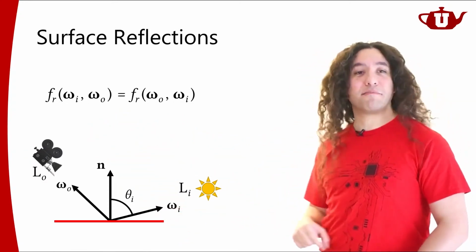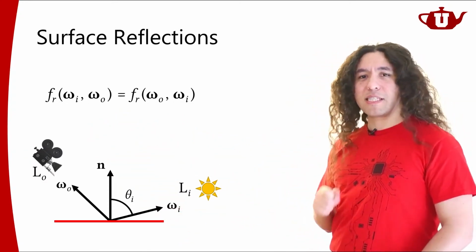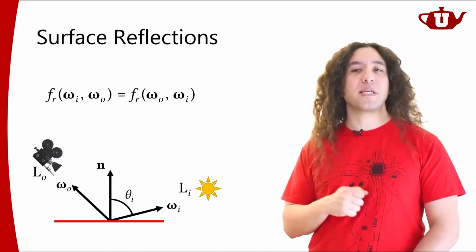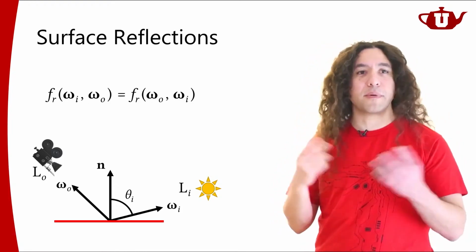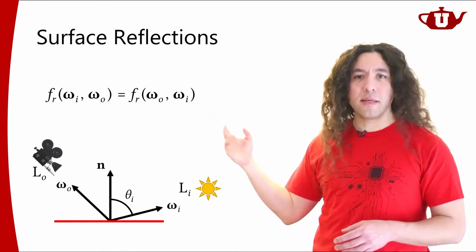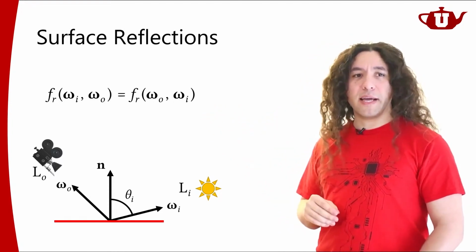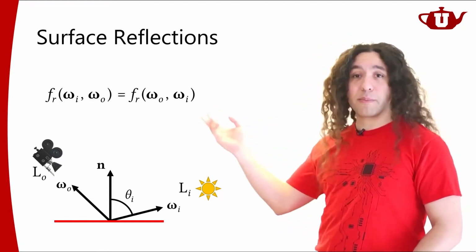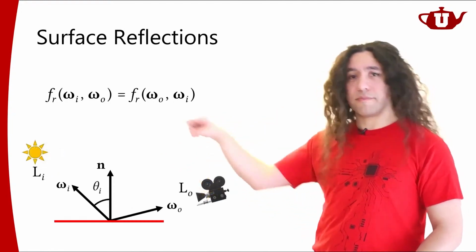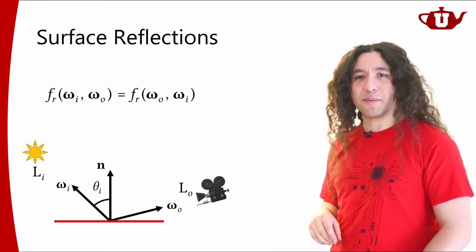Now, strictly speaking, this is not necessarily the case for all possible BRDFs. You can come up with a BRDF model that does not provide this property. But for most BRDFs and physically based BRDFs, this property is going to hold.